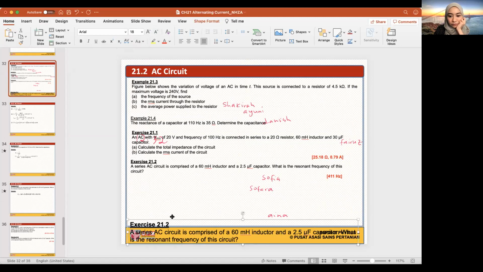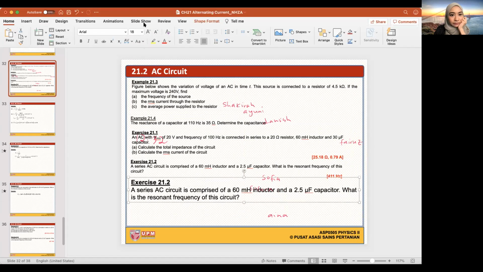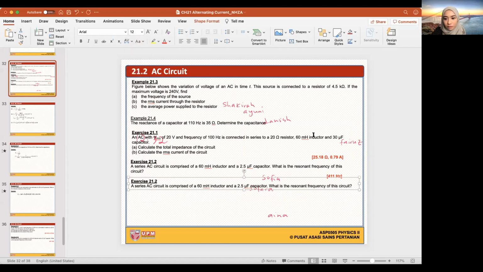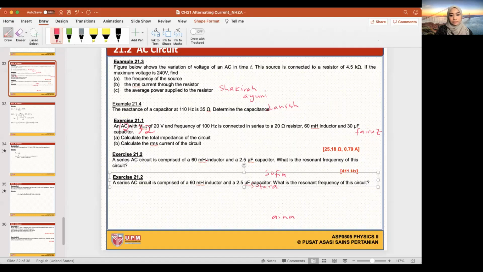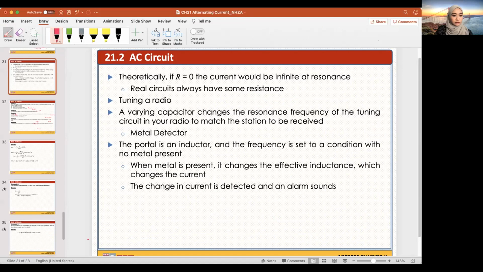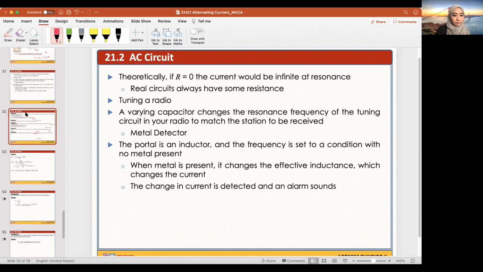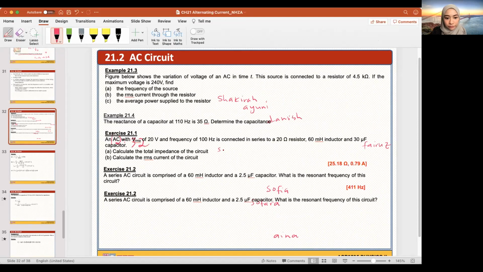So Sophia, Sofara, Aina tak ada. Who is next? Let me make this bigger. Sophia, Sofara. Siapa lagi?